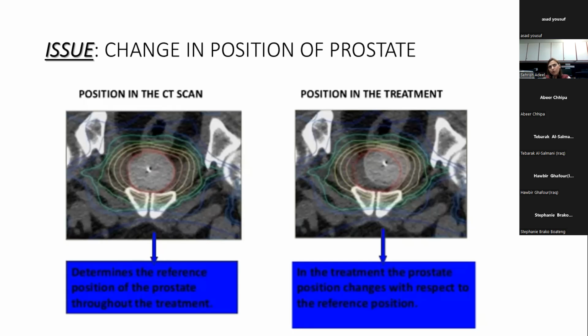So I think the more disruption happens with the change in the rectum volume, particularly in the anterior posterior direction. Any other question?